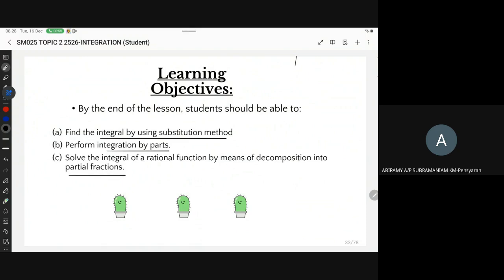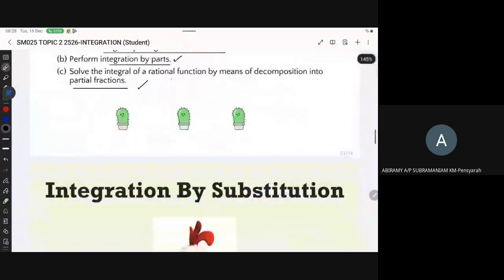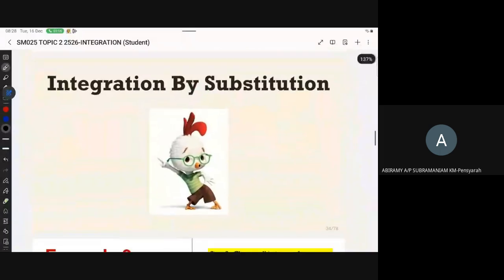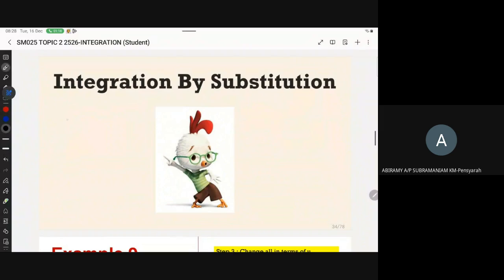So first of all, we have to make sure when we are supposed to use substitution, integration by parts, and also partial fractions. When we use integration by substitution, it's basically when we come across functions of integration that involve multiplication of two functions.